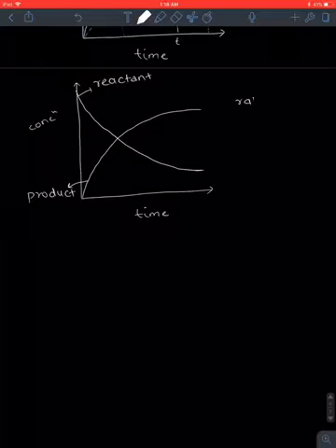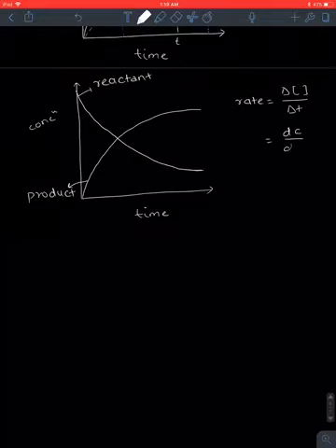And what we know is that rate is equal to delta concentration upon delta t, that is change in concentration upon change in time. That is our rate of reaction. Means if I'm considering a very small time interval, we can say that rate is dC upon dt, where C represents concentration, t represents time.